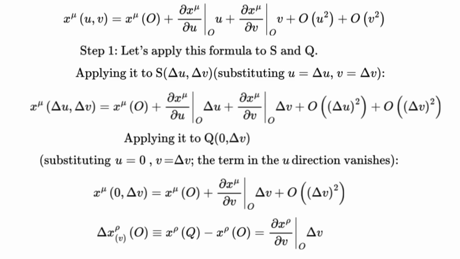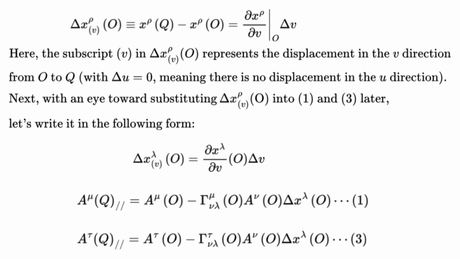The term in the U direction vanishes. Here, the subscript V in δx^ρ_V of O represents the displacement in the V direction from O to Q, with δU equals 0, meaning there is no displacement in the U direction.